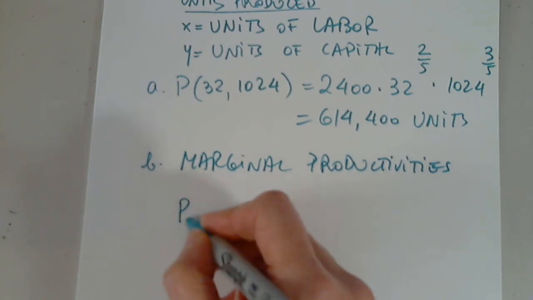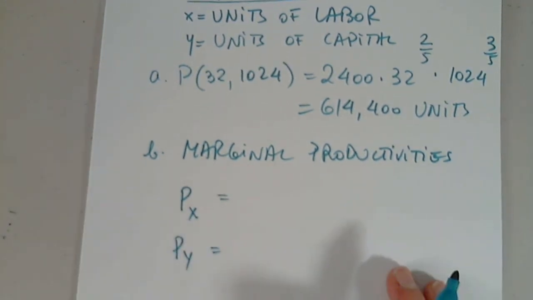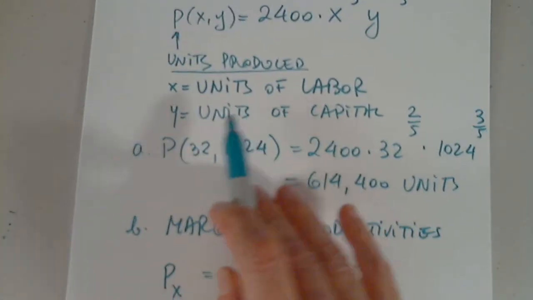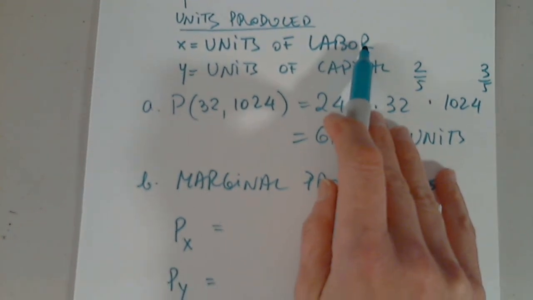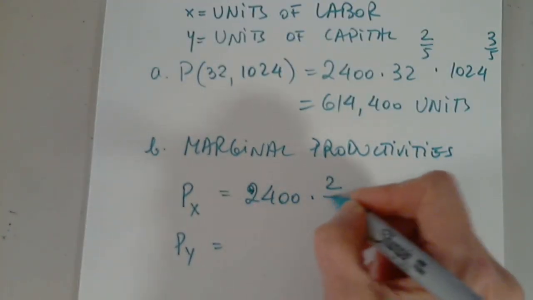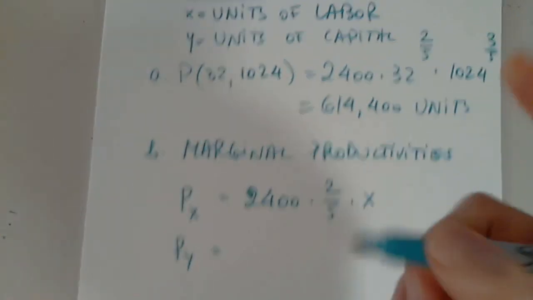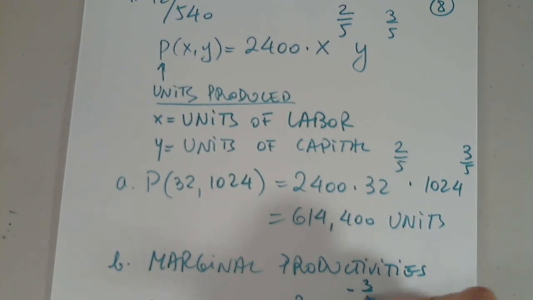So they are Px and Py. So when we keep the units of capital fixed, we differentiate with respect to X. So 2400 multiplied by 2/5 times X to power 2/5 minus 1, which is negative 3/5, and Y to 3/5.